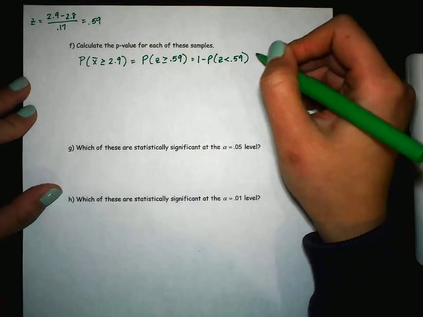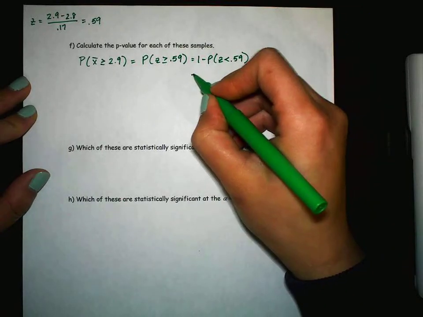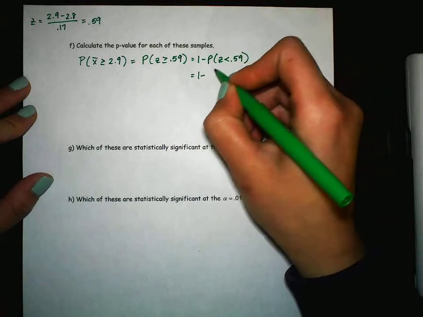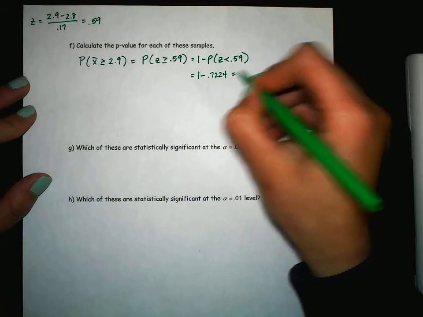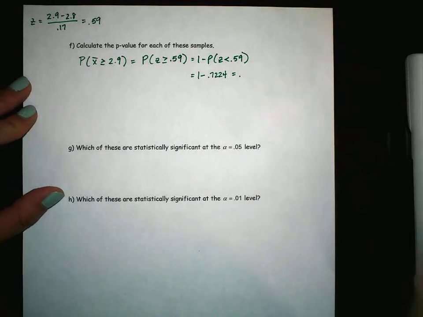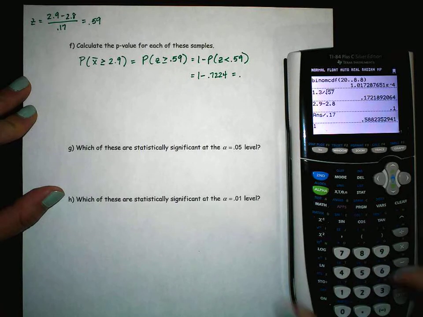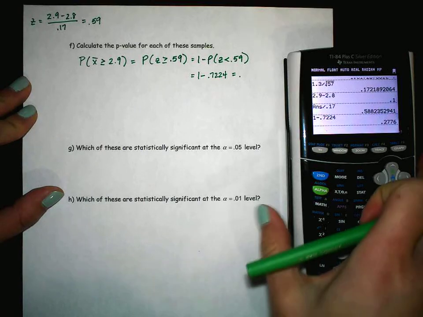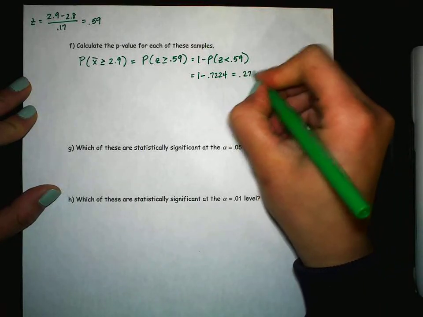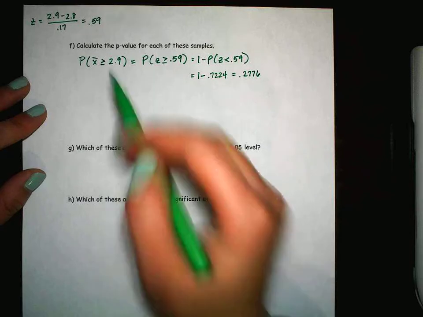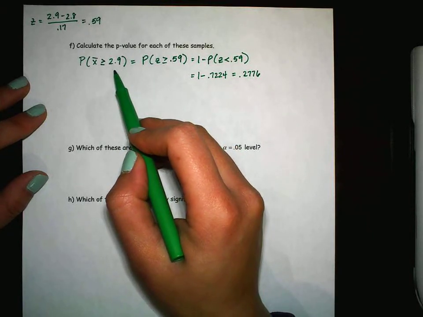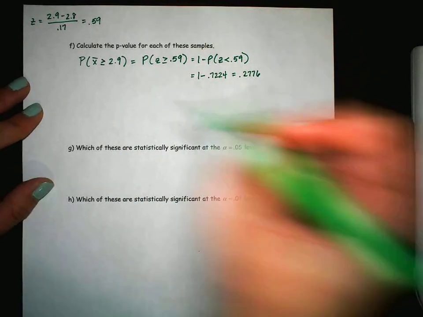If you look on your z-score table, or Table A in your textbook, it's 0.7224, and that equals 0.2776. Okay, that is for scores that are greater than 2.9. So the probability of actually getting a score greater than 2.9, it's about a 1 out of 4 chance. That's a pretty high chance.